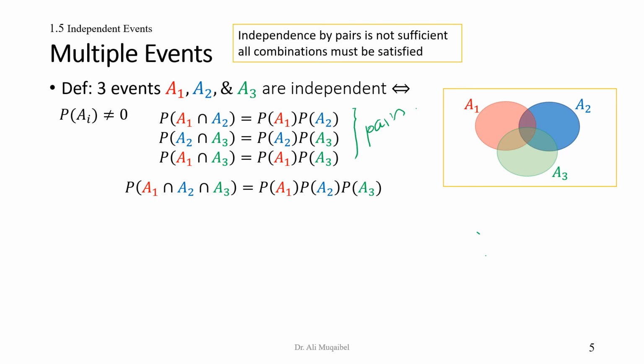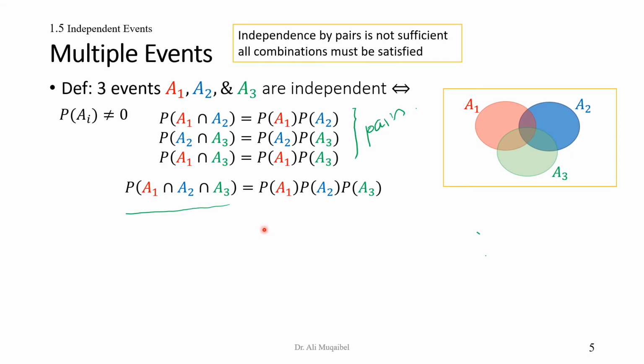We also have to show that the intersection of all of them equals the multiplication of the individual probabilities. So here we are saying, as a comment, independence by pairs is not sufficient. All combinations must be satisfied. Any combination, all of them.